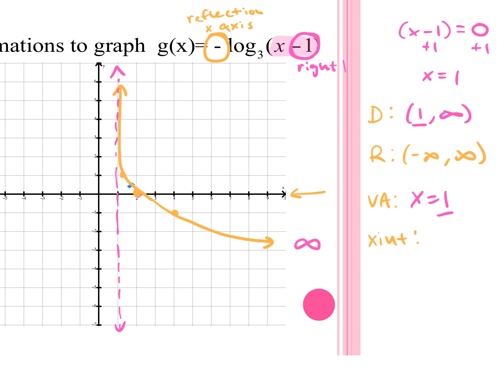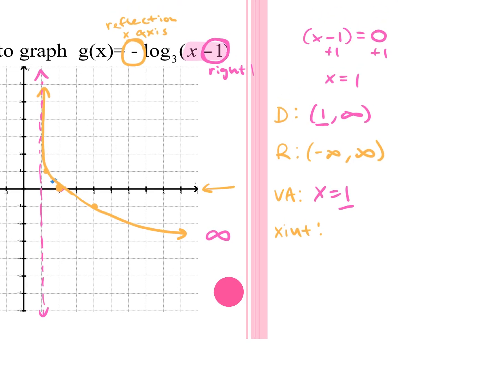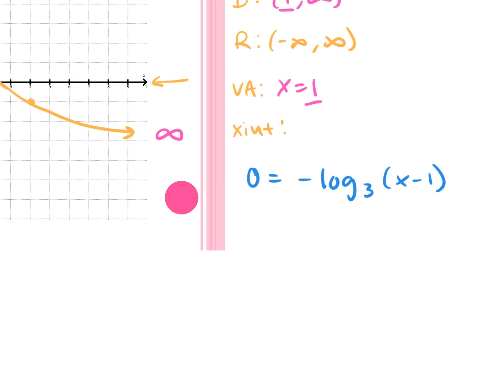Next, how do we find our x-intercept? Awesome, plug 0 into y. So we have 0 equals negative log base 3 of (x minus 1). So let's solve. Before I put it into exponential form, I want to get that log all by itself.